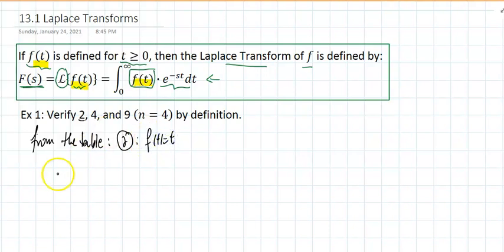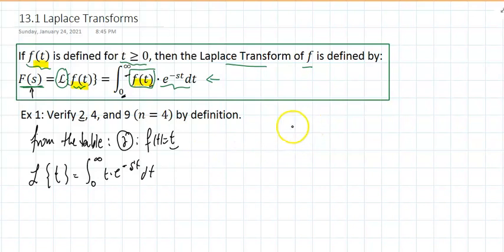So what does that mean? If I apply the Laplace transform on t, which is the integral from 0 to infinity of f of t times e to the negative st dt. That's it. My answer is going to be a function of s, and that's the Laplace transform.